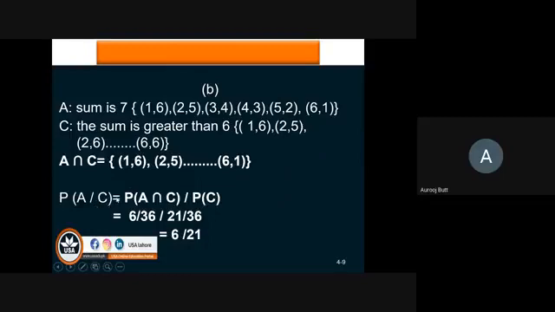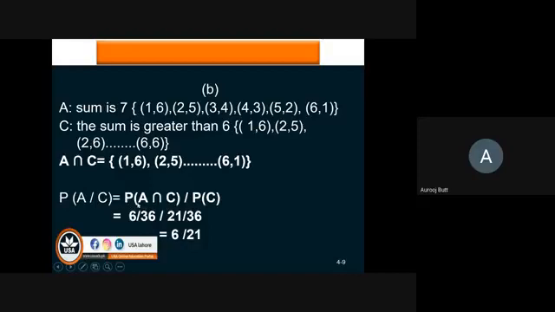That means event C, you'll divide it by probability C. Probability A intersection C means you need to find the points that are common in both of these events, in event A and C. So we have these 6 sample points that are common in both of these events, in event A and C.